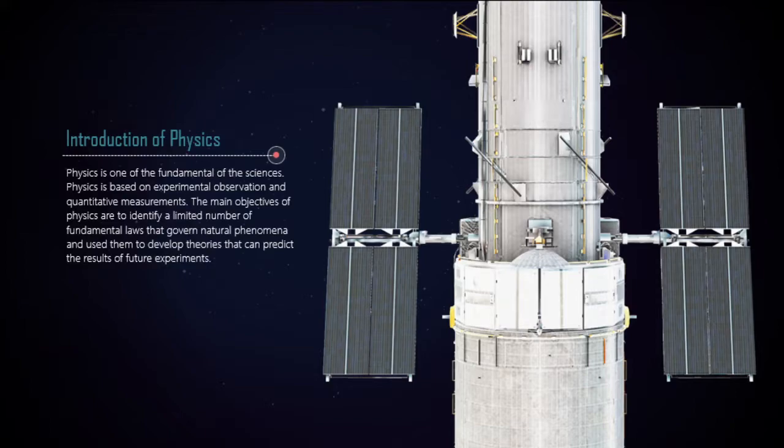The fundamental laws used in developing theories are expressed in the language of mathematics, the tool that provides a bridge between theory and experiment. So from the laws and theories of physics, we can comprehend by the equations of mathematics.